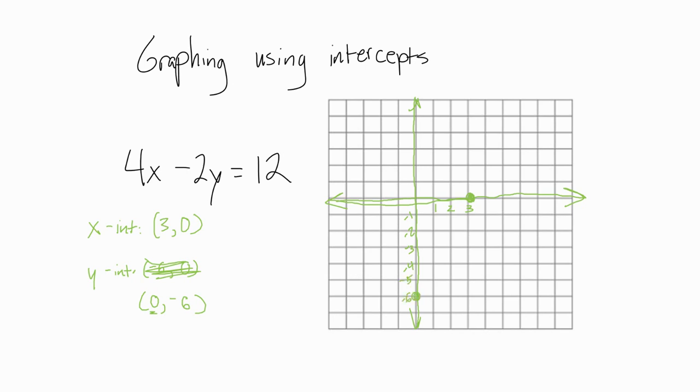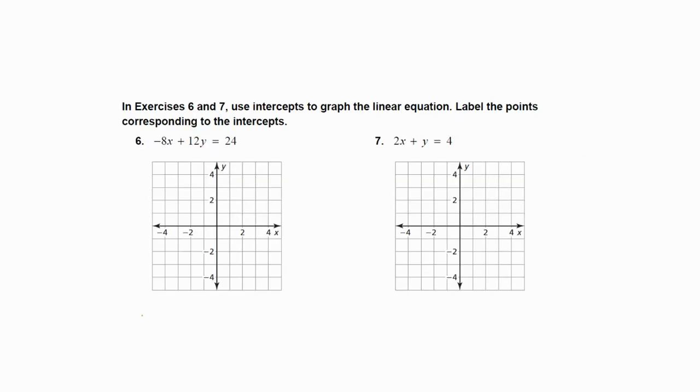There it is. And that's all we need to graph a line. All of the coordinates here are when x and y multiplied by the 4 and the negative 2 will equal 12. You can pick any other coordinate on the line to do that. So now it's your turn. Go ahead and graph number 6 and 7. I'll show you the answers in a second.